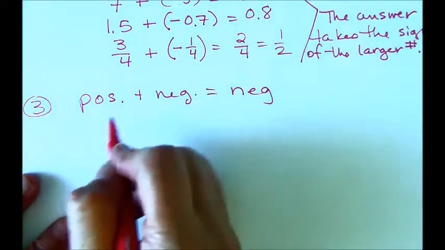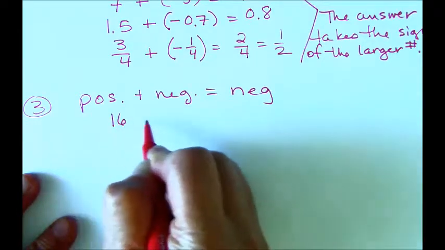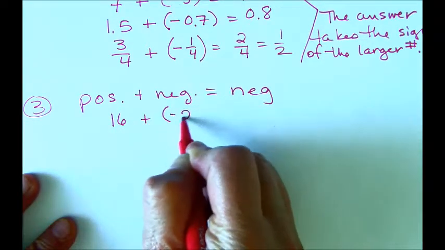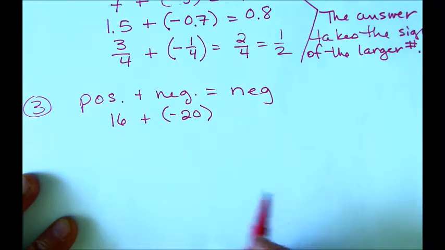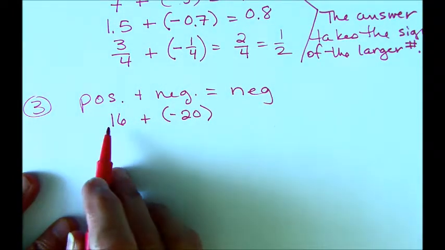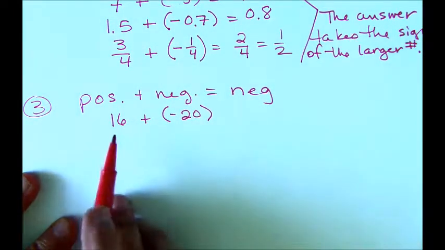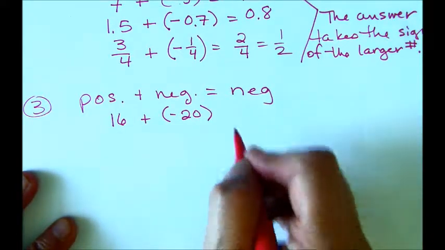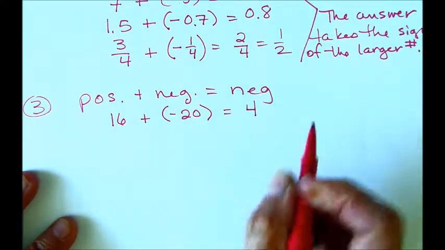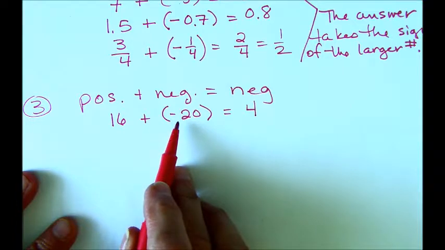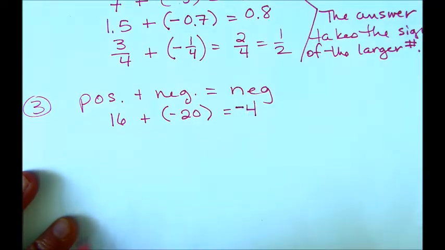So let's throw in some numbers. Let's say we have 16 plus negative 20. Well, again, like before, I'm going to subtract. So 20 take away 16 is going to give me 4. The larger number is a negative, so it's a negative 4.